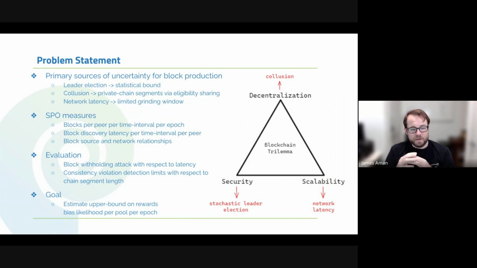We want to take those intervals and go over multiple epochs and multiple peers and incorporate additional network information in order to evaluate the sources of uncertainty and who, if anyone, is trying to bias the network. Primarily, we will first build the health monitor and then evaluate it to determine the detection thresholds, in order to better promote the fairness of the network as we deploy it to SPOs.